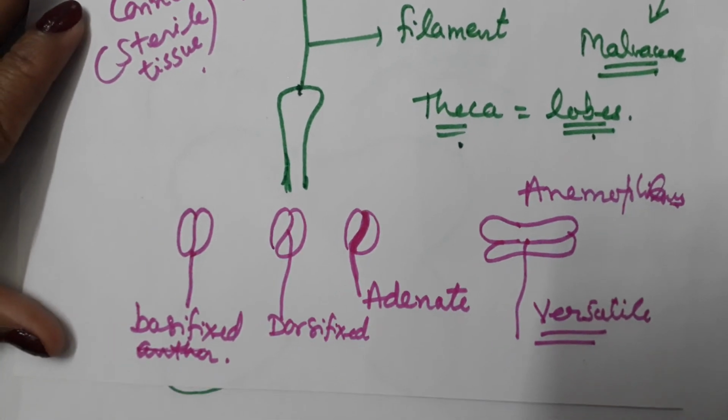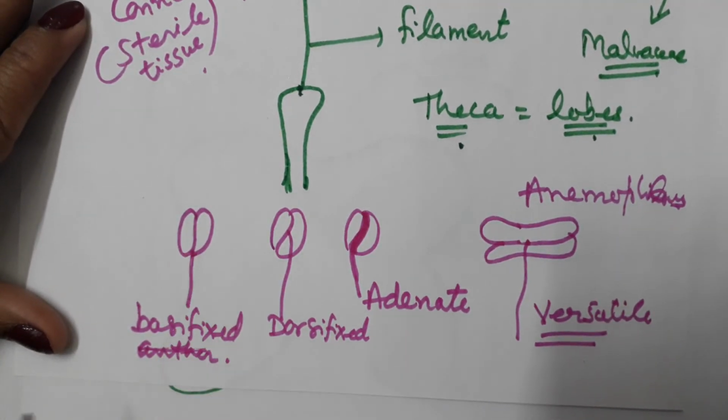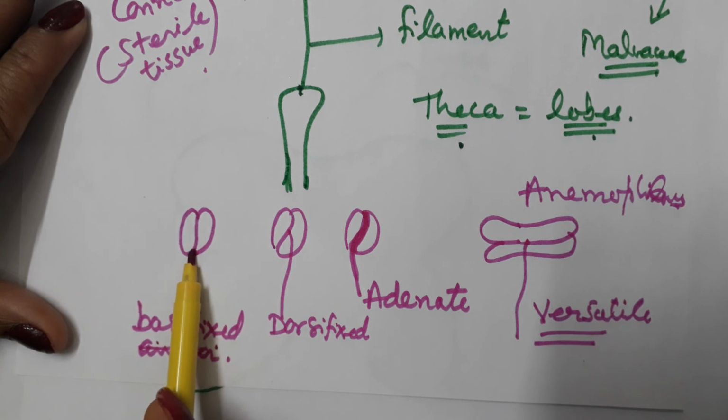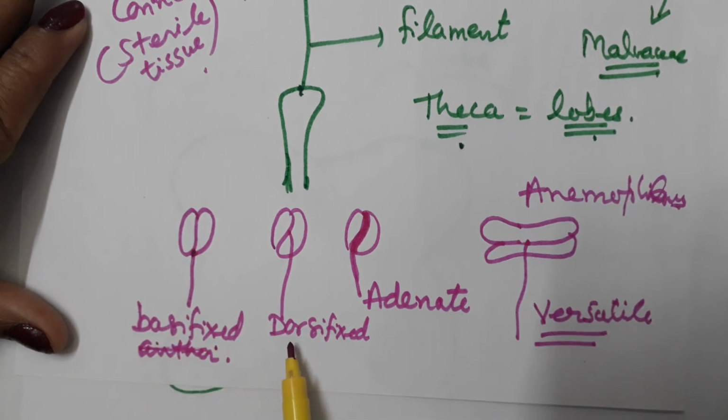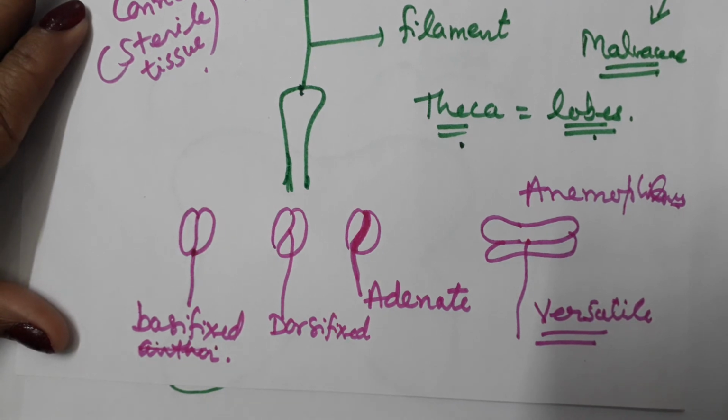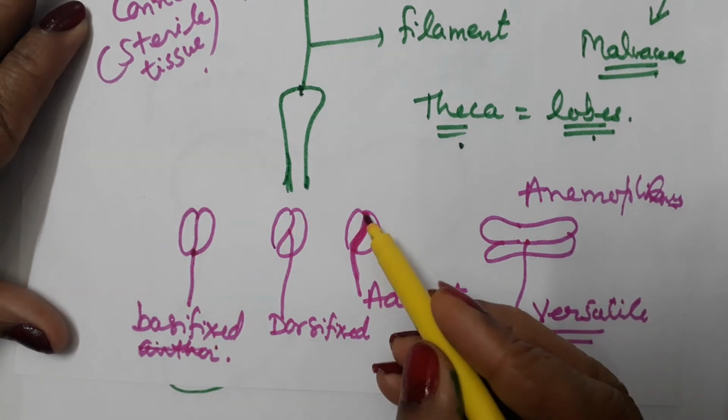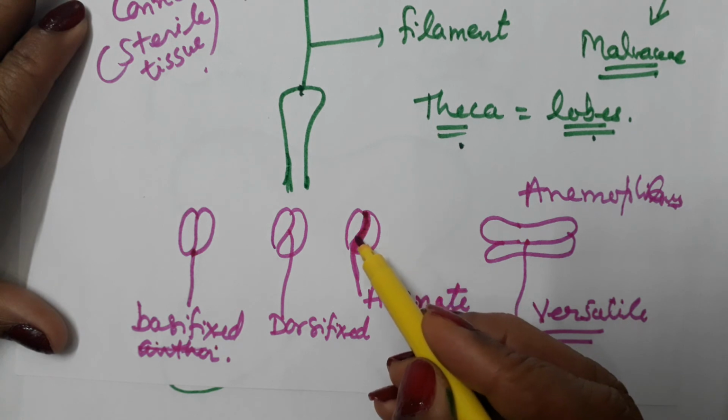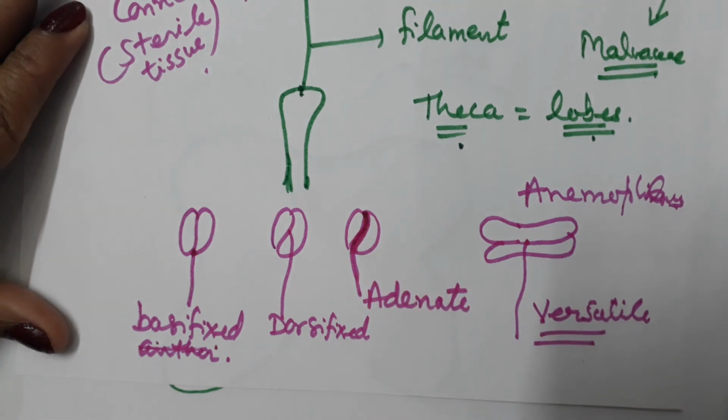So on the basis of attachment of the filament with the anther, four types of stamen in nature we can observe. Basifixed, if the filament is attached at the base. Dorsifixed, if the filament is attached on the dorsal surface of the anther lobe. Adnate, if it is connected through the entire length of the anther lobes.